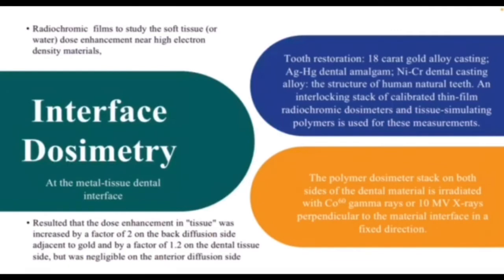An interlocking stack of calibrated thin film radiochromic dosimetry and tissue-simulating polymer is used for these measurements. The polymer dosimetry stack on both sides of the dental material is irradiated with cobalt-60 gamma rays or 10 million volt X-rays, perpendicular to the material interface in a fixed direction.